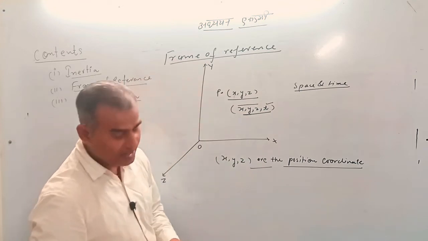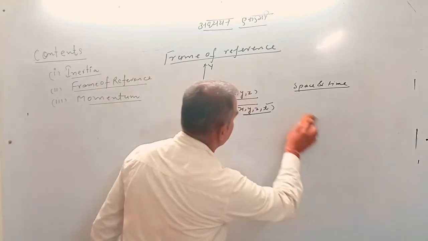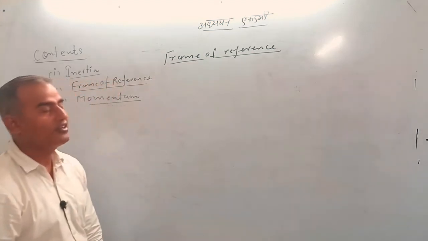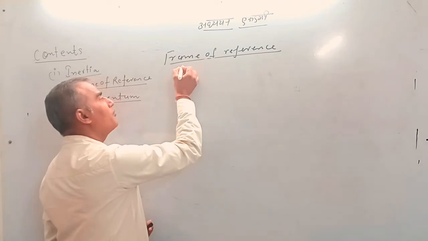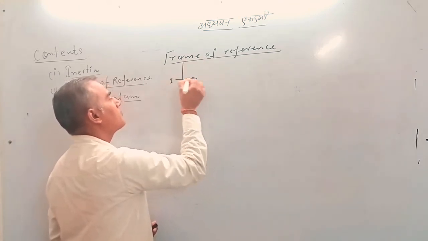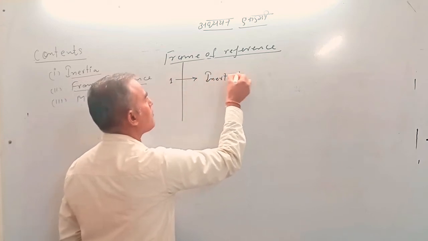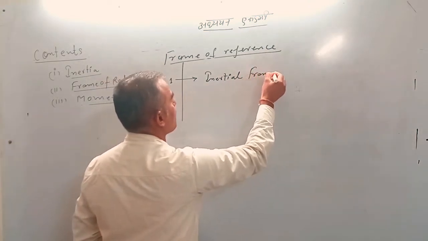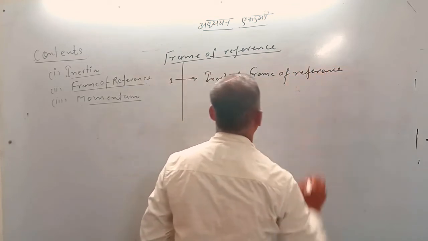So how many types of frame of reference are there? According to the definition, a frame of reference is the coordinate system with time. There are 2 types. Number 1, inertial frame of reference.